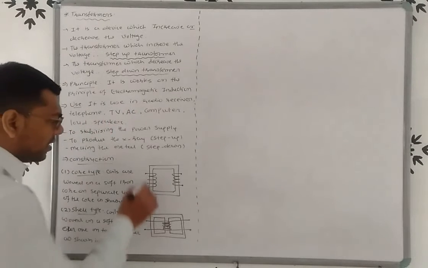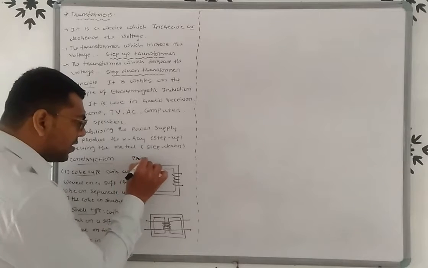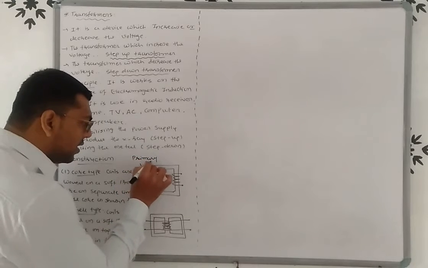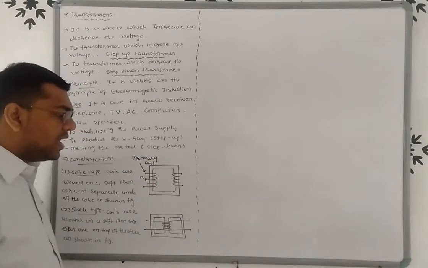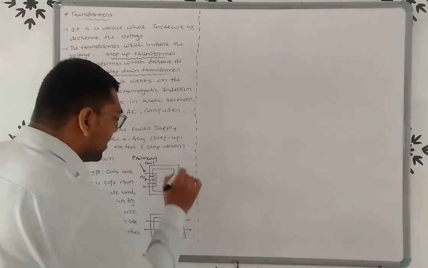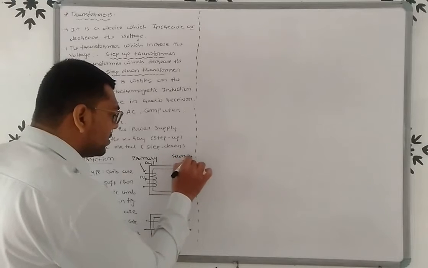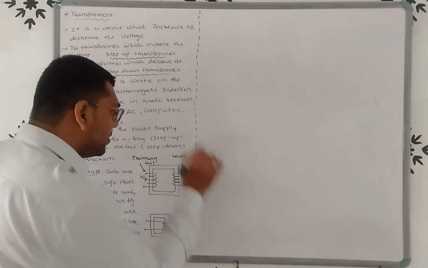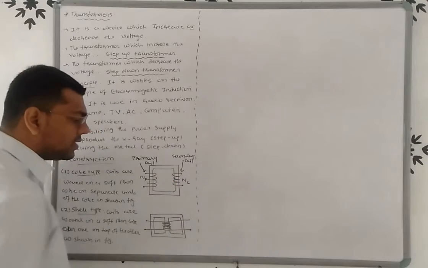Now this one side of the coil is known as the primary coil, having number of turns Np, and this coil is known as the secondary coil, having number of turns Ns.